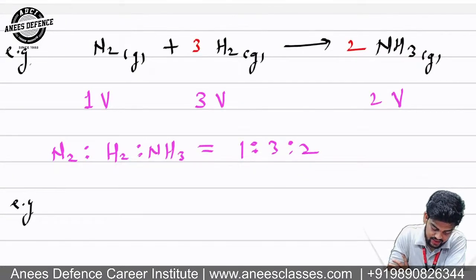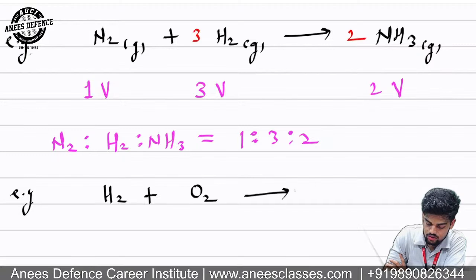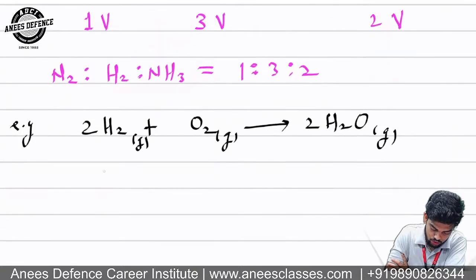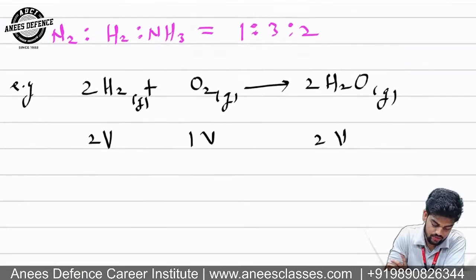Let's take another example. If we take other gases, let's have hydrogen gas combining with oxygen gas, it produces water gas, that is water vapor. Let's balance this reaction 2:2. In this reaction, we can say that 2 volumes of hydrogen gas react with 1 volume of oxygen gas to produce 2 volumes of water.